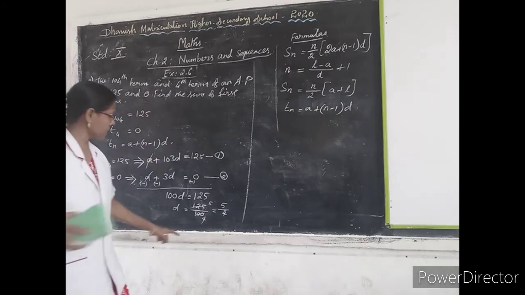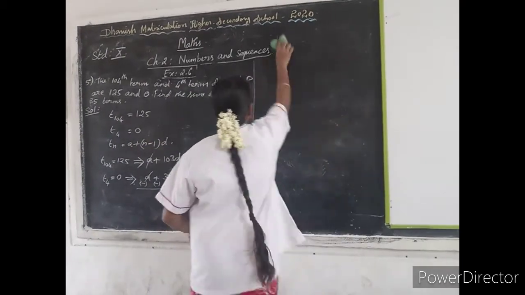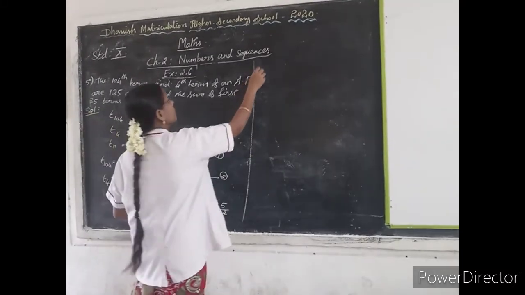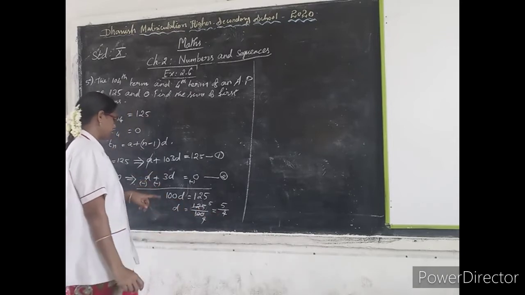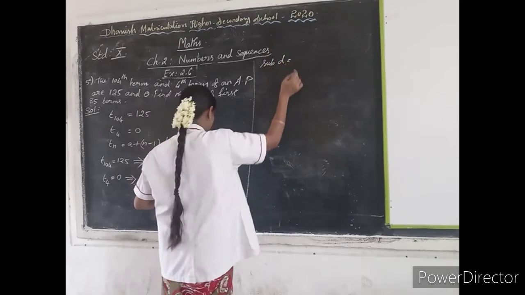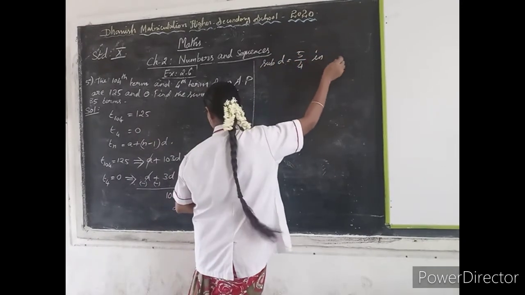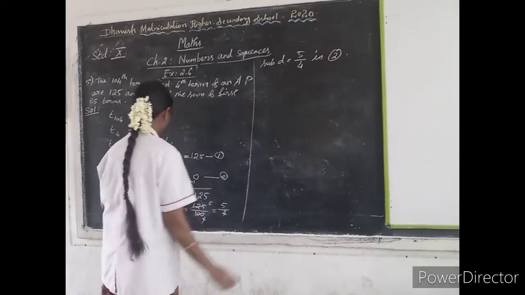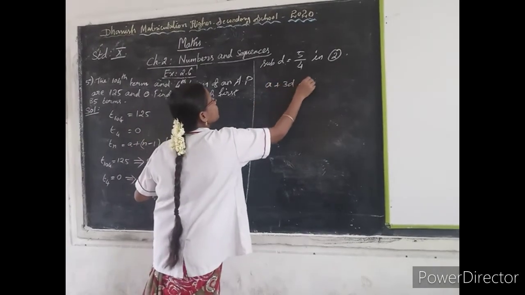Substitute in first equation. So, d is 5 by 4. Substitute in second equation. Substitute d is equal to 5 by 4 in the second equation. Second equation is a plus 3d is equal to 0.